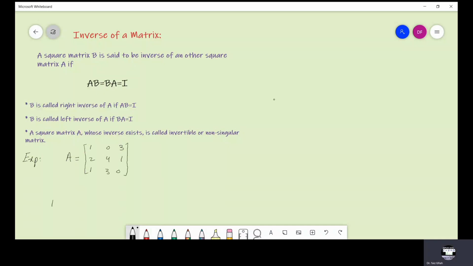Now we have another matrix B, minus 1, 3, minus 4, 1 over 3, minus 1, 5 by 3, 2 by 3, minus 1, 4 by 3.